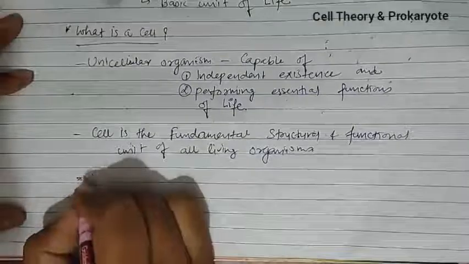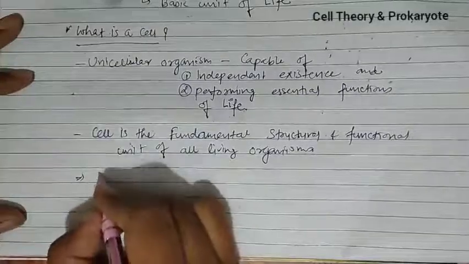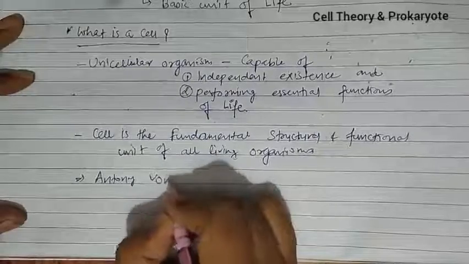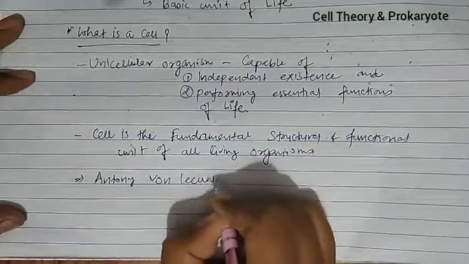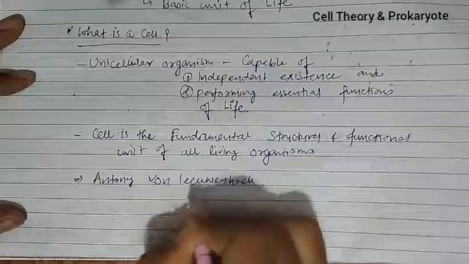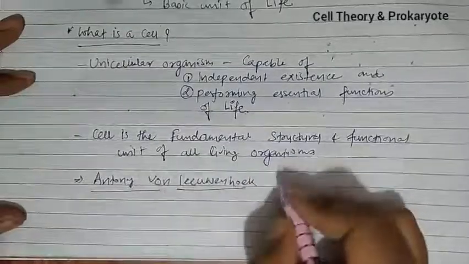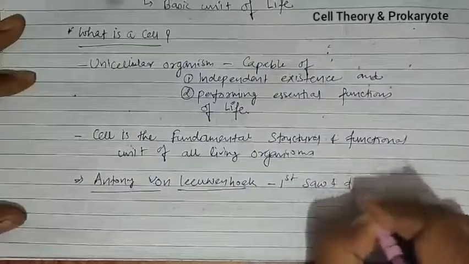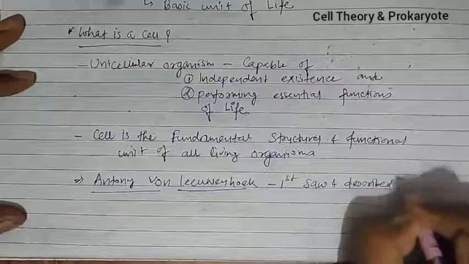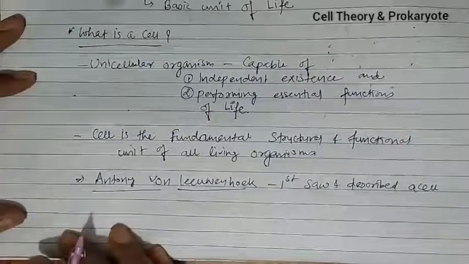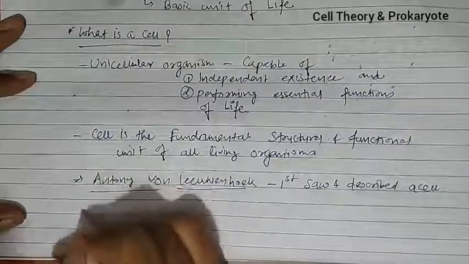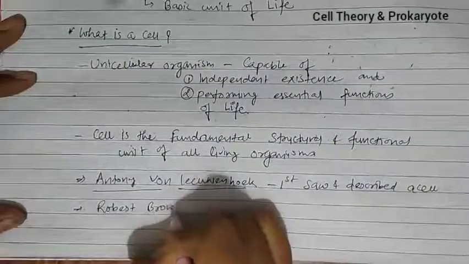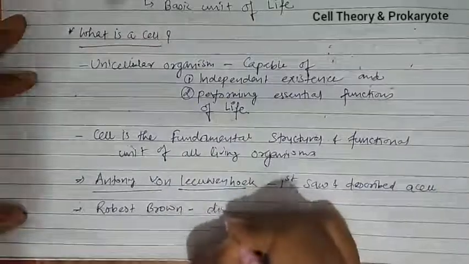Now if we talk about the discovery of the cell, Antony von Leeuwenhoek first saw and described the cells. Later on, Robert Brown discovered the nucleus.